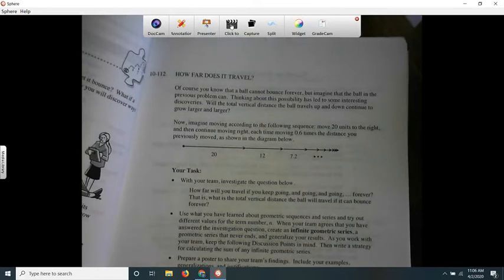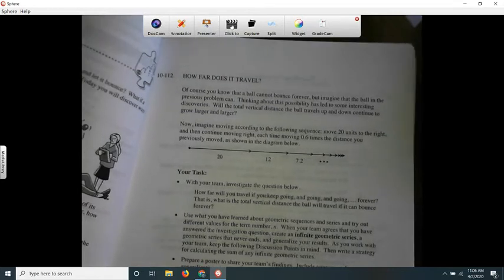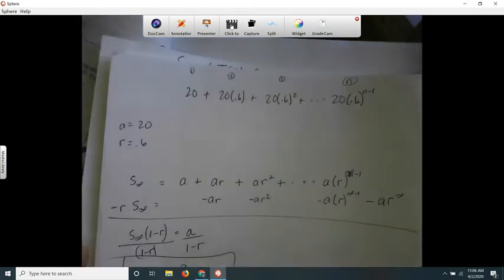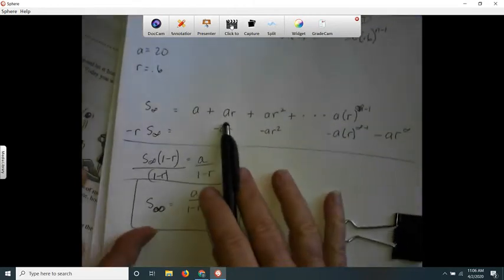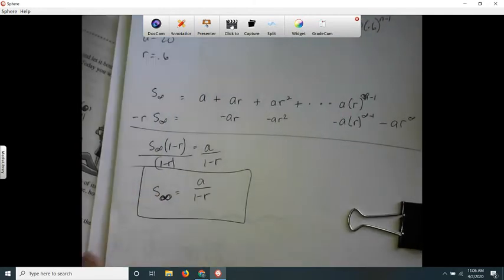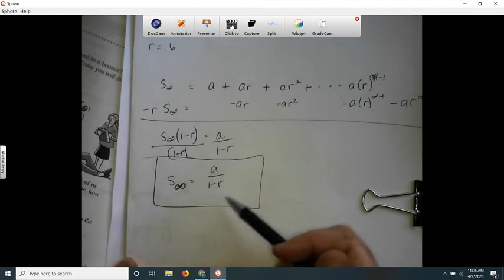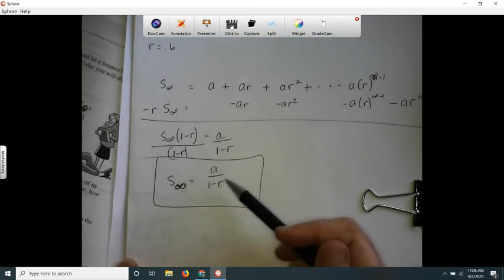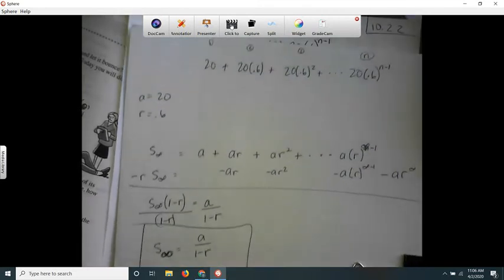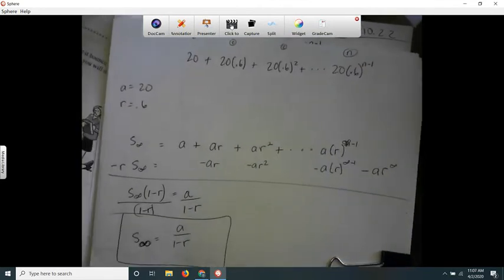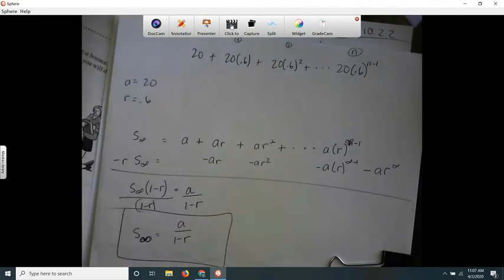So I'm going to show you this. Here's a little proof that I can find out exactly how far that ball would bounce if it could just keep going infinitely. I don't know if you'll be surprised or not, but it's very, very close to this amount. If I show the proof of that, this is our series.